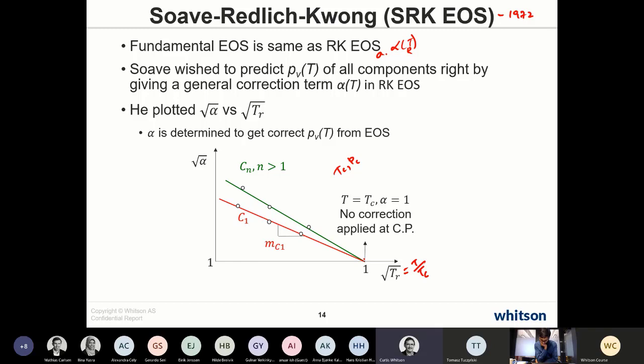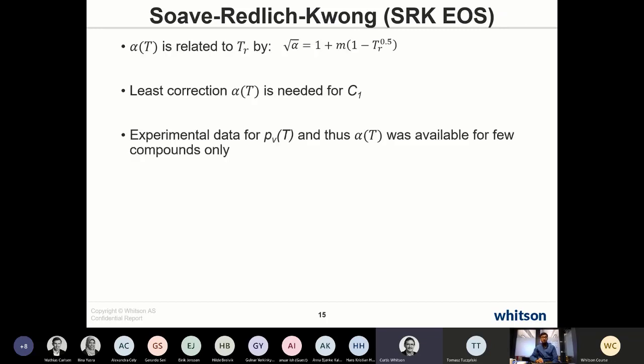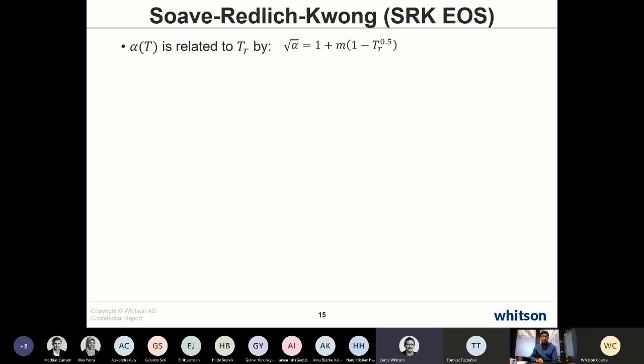So what he then did is he just went into the tables with the acentric factor, found the vapor pressure, and then found the correction term alpha to match that vapor pressure, and that gave him the value of M for very many compounds. So that's the method that was used by Soave.